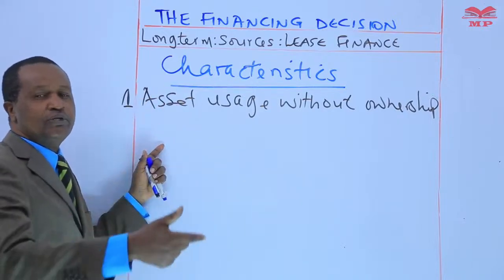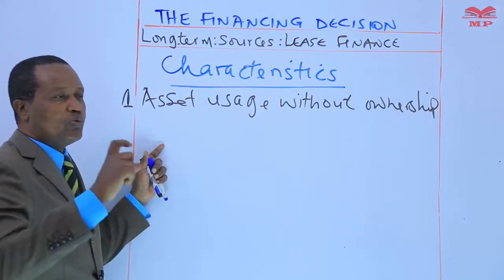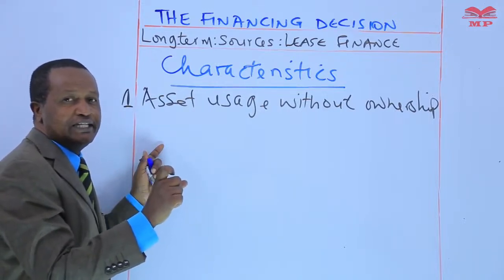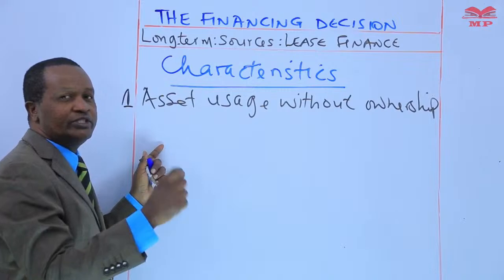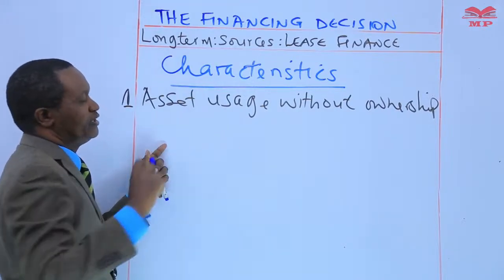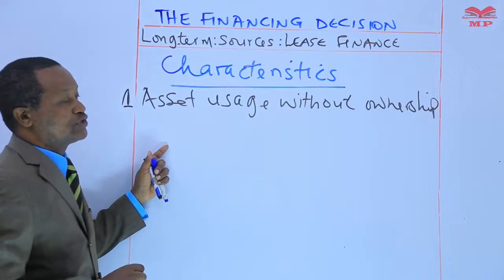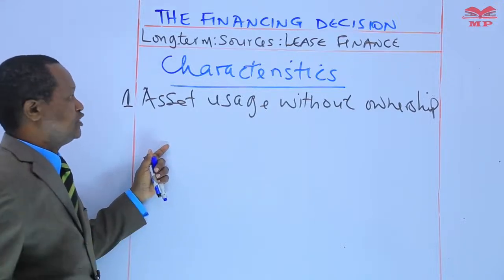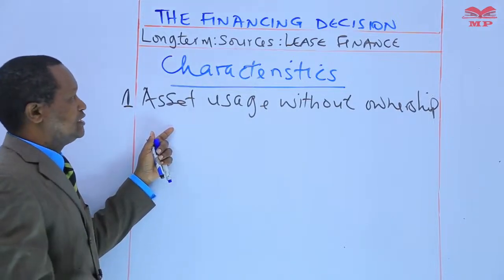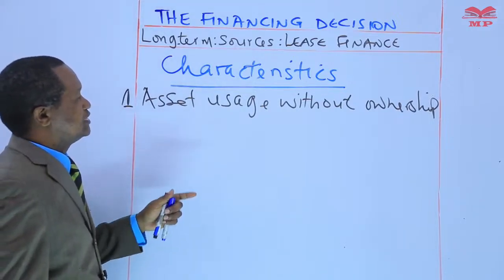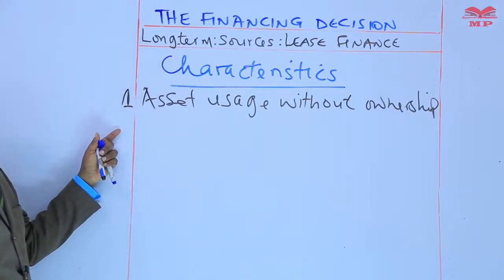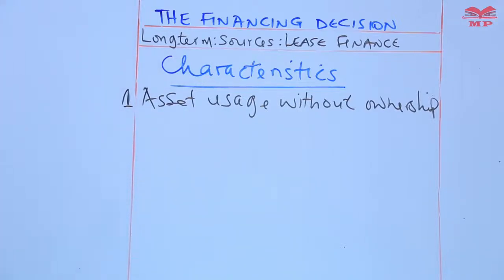The ownership is retained by the lessor, while the lessee, who is the user, gets the right to use the asset. So ownership remains with the lessor, and the usage is on the part of the lessee, the one who uses the asset. Right? So it is a source of finance. Asset usage without ownership is the first characteristic of lease finance.